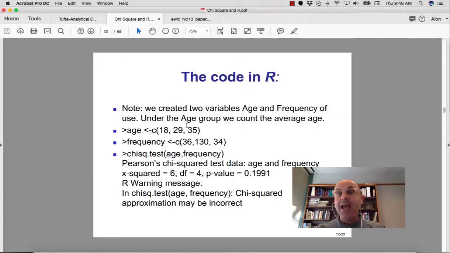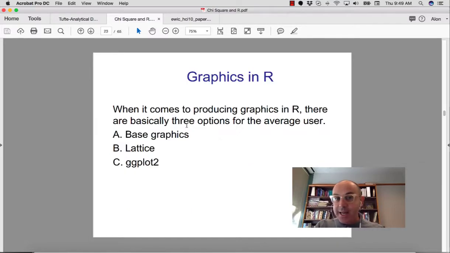We are going to say age divided by age and frequency, and the Pearson's chi-squared test data is age and frequency: X-squared is equal to 6, the degrees of freedom is 4, the p-value is 0.191. R will give you a warning, but in this case it will not be appropriate to test the result that we have seen here.